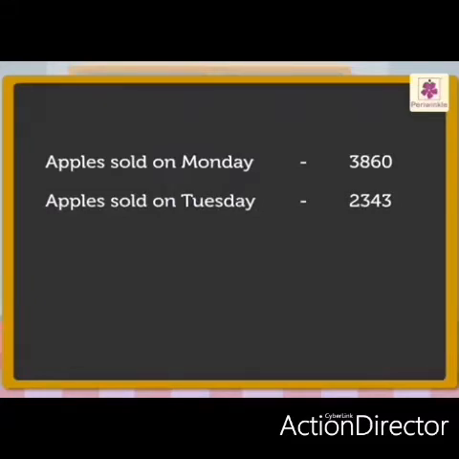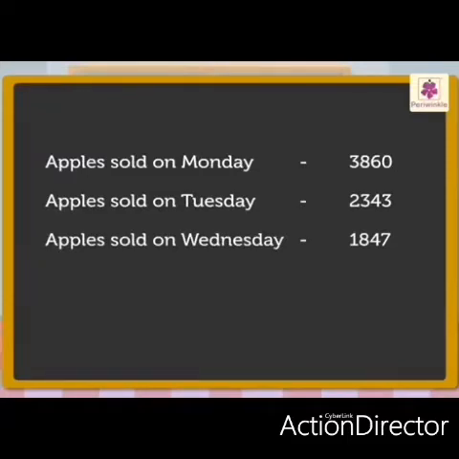So we write the statement as apples sold on Tuesday is 2,343. 1,847 are the apples sold on Wednesday. So we write the statement as apples sold on Wednesday is 1,847.